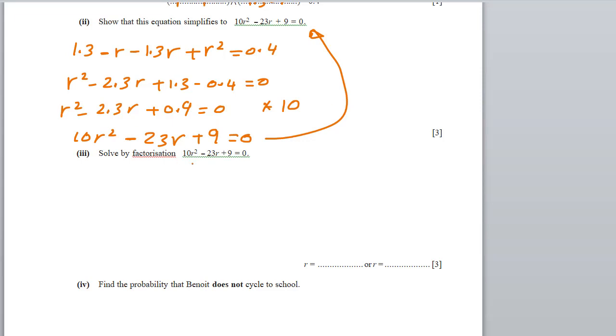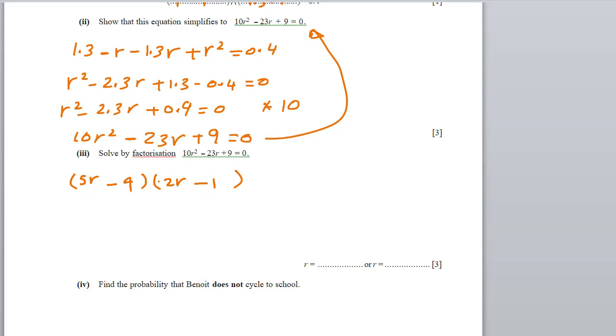Now solve by factorization. Let us try to find the solution. Here 5R, 2R, and then minus 9, minus 1.